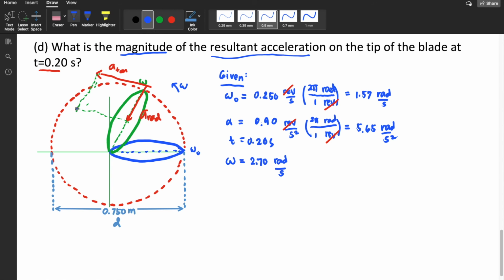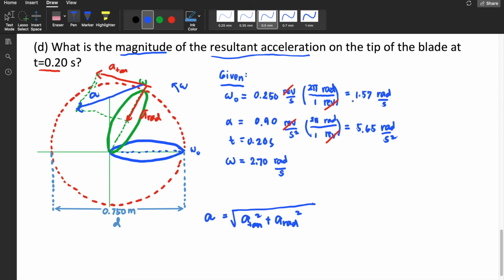Okay, so it's looking for the magnitude of the linear acceleration. So here, the magnitude of the linear acceleration a is simply equal to the square root of a tangential squared plus a radial squared.